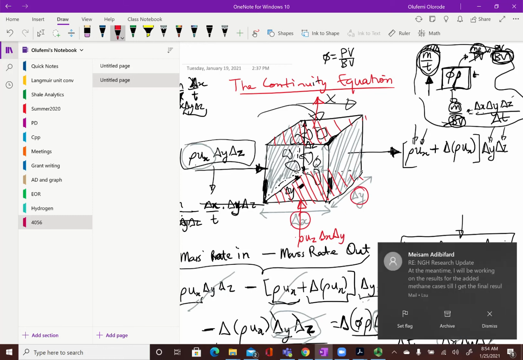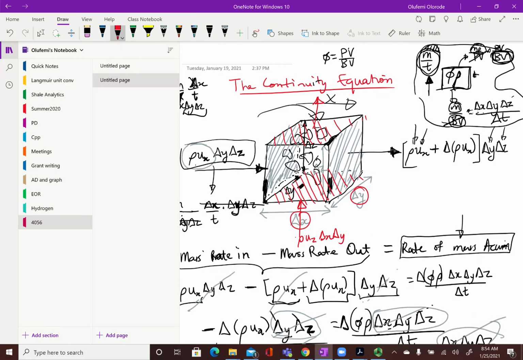And what's coming out will be pretty much this kind of stuff, right? But you're going to be looking at UZ, delta rho, UZ, and here is going to be delta X, delta Y. And you can do the same for the third direction, which is what's going in this way and coming out this way. And then this will be UY, this will be UY.